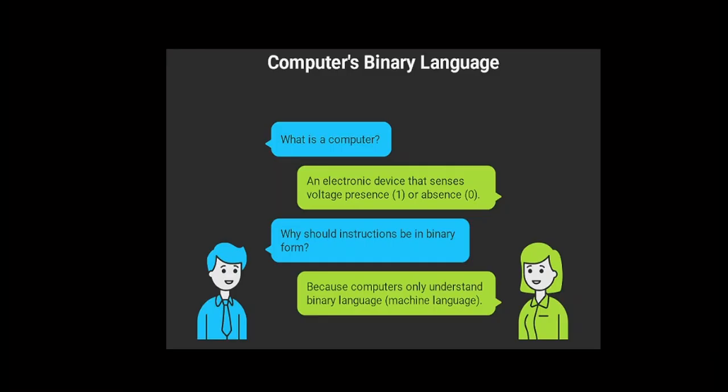So CPU can only understand binary form of data. So the units of data measurement will also be in the form of binary. So before we move on to number systems, we need to understand the units of data measurement as well.